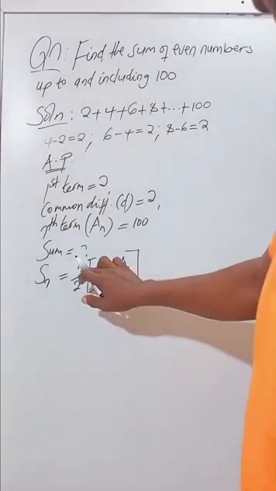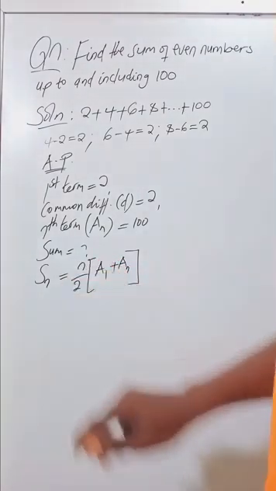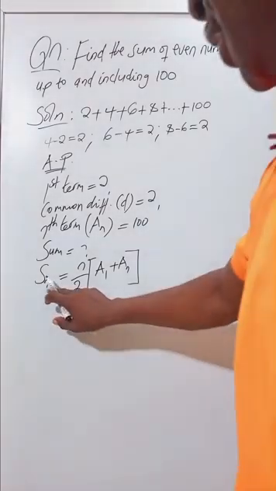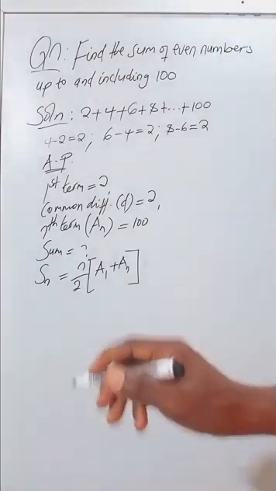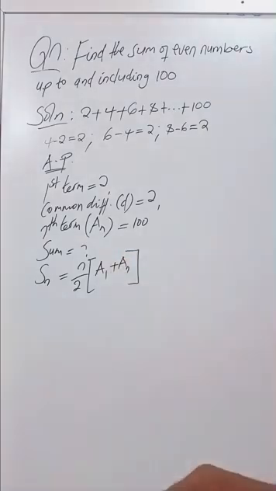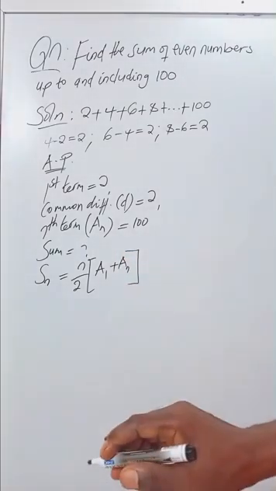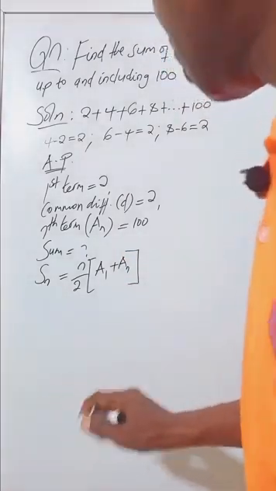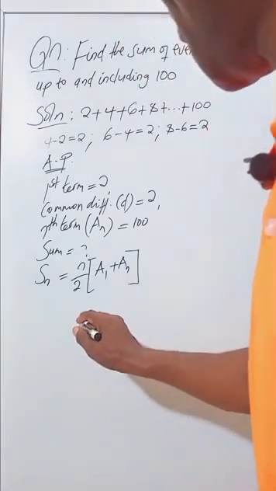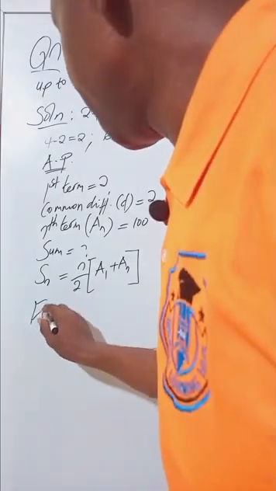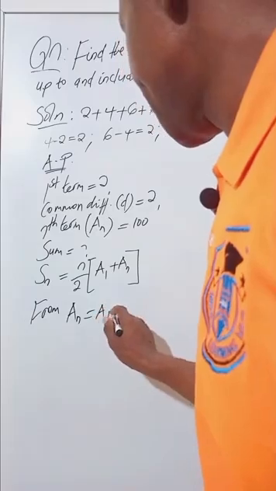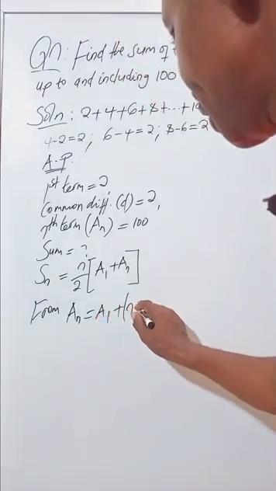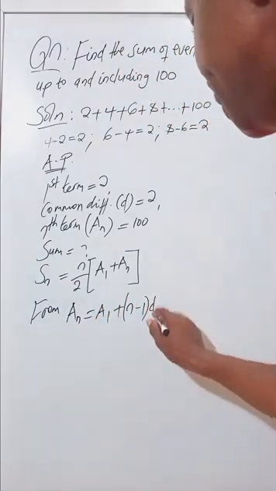The question now comes here, how many are they? What is our n? Okay, so we are somehow kind of stuck. We have the first term, we have the nth term, but we don't know what n is. So how do we get n? We can use this expression: nth term equals first term plus n minus 1 times d.